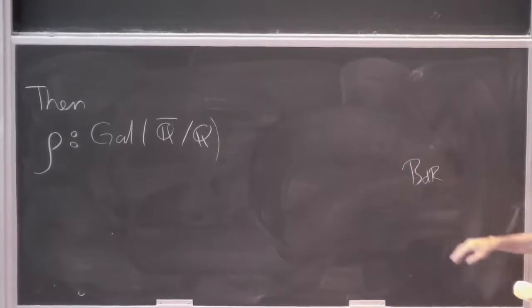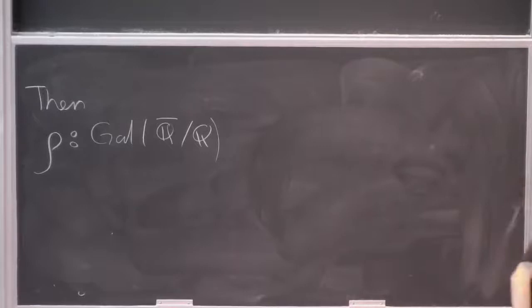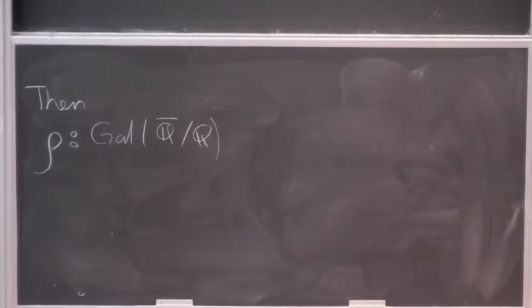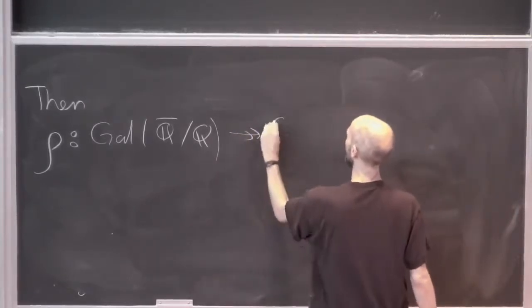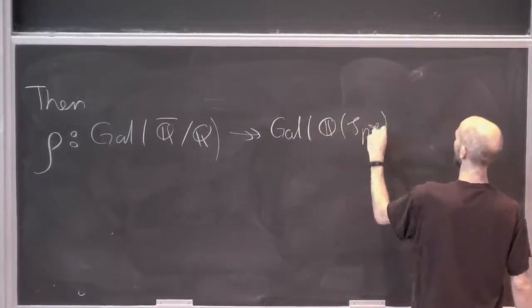The same is true of Gal(Q bar over Q). That's a group about which I know nothing, and yet I will happily work with it because the fact that I know nothing about it doesn't bother me, since I'm going to turn it into something I do understand. So by the fundamental theorem of Galois theory, that surjects onto Gal(Q(zeta_{p^infinity})/Q).